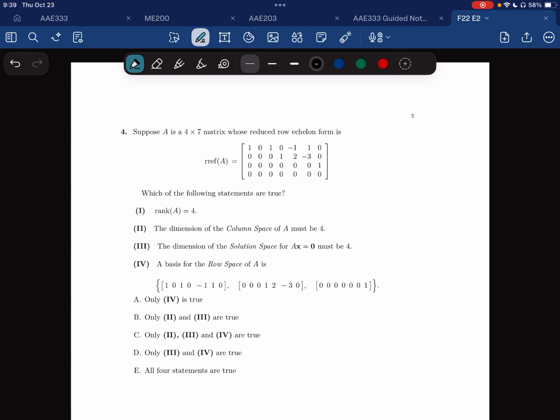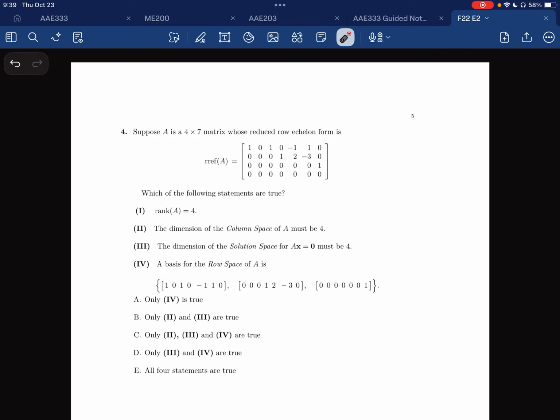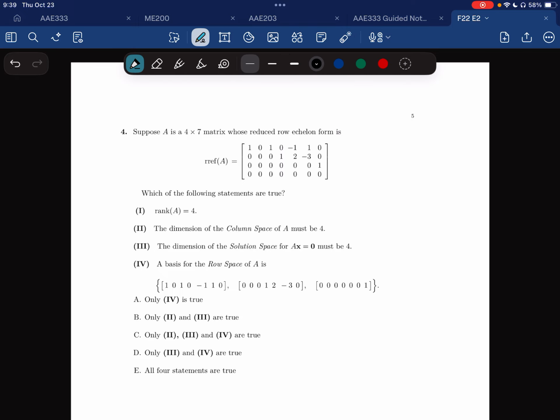This is false because it only has three leading ones, right? You have a leading one right here, right here, and right there. And that is only 3 of them. So we can say 1 is false.